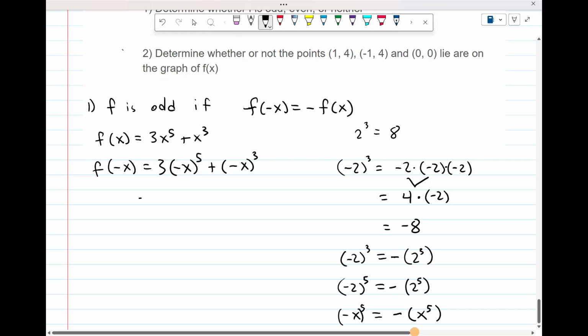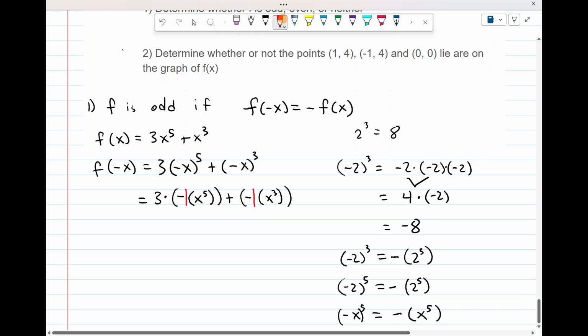So with that being said, what that means is that when I simplify this, this is actually 3 times negative x to the fifth plus negative x to the third. And these negatives are really like I'm multiplying by negative 1 in each case, right?